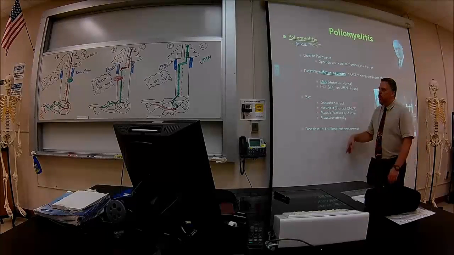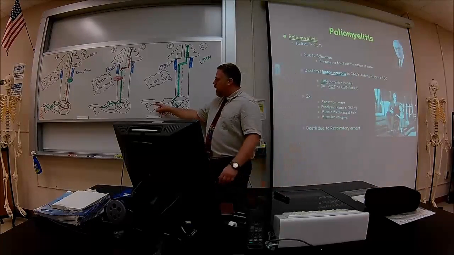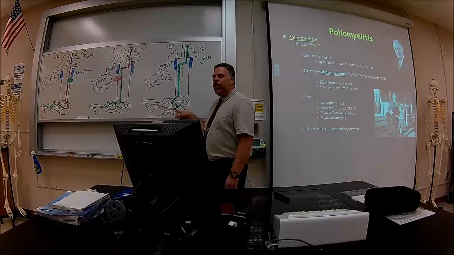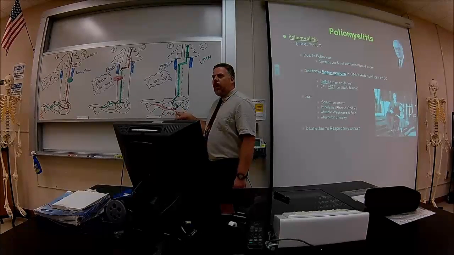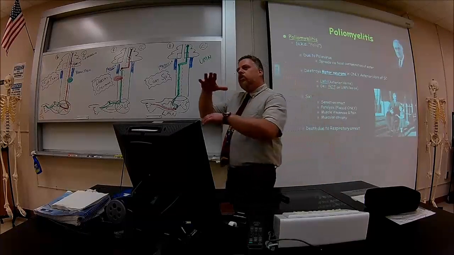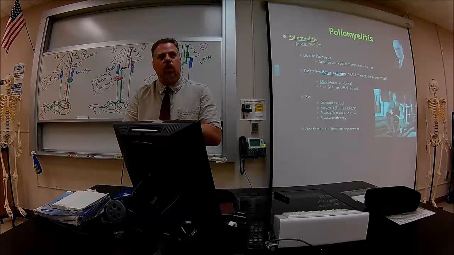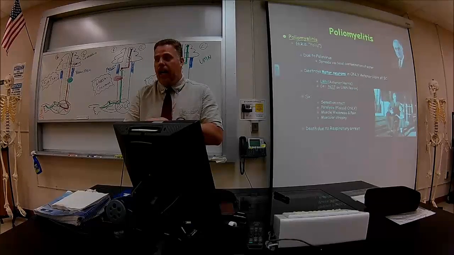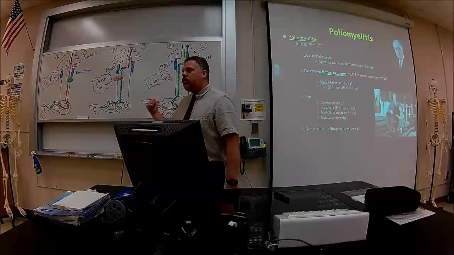So therefore, it's the lower motor neurons that get affected. It's the cell bodies that get destroyed in the anterior horn. Again, will they be able to feel? Yes. It's only affecting the anterior horn.